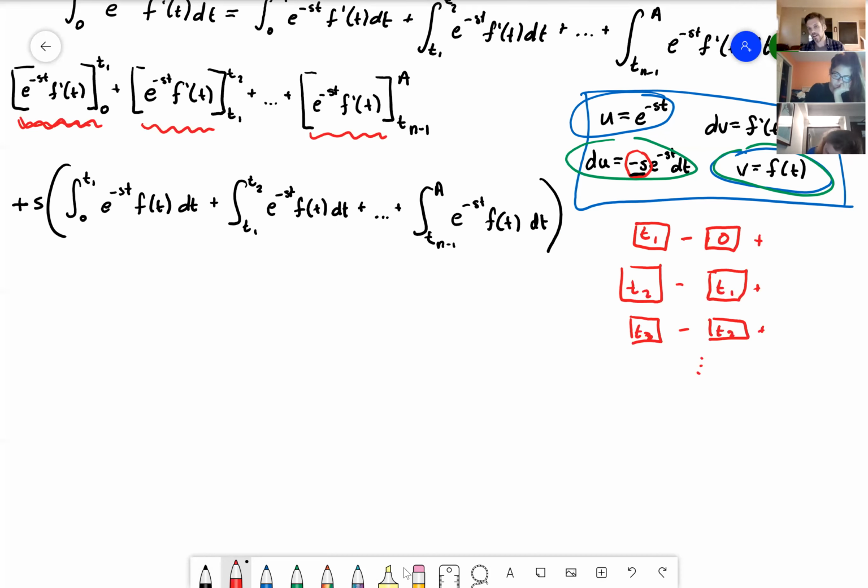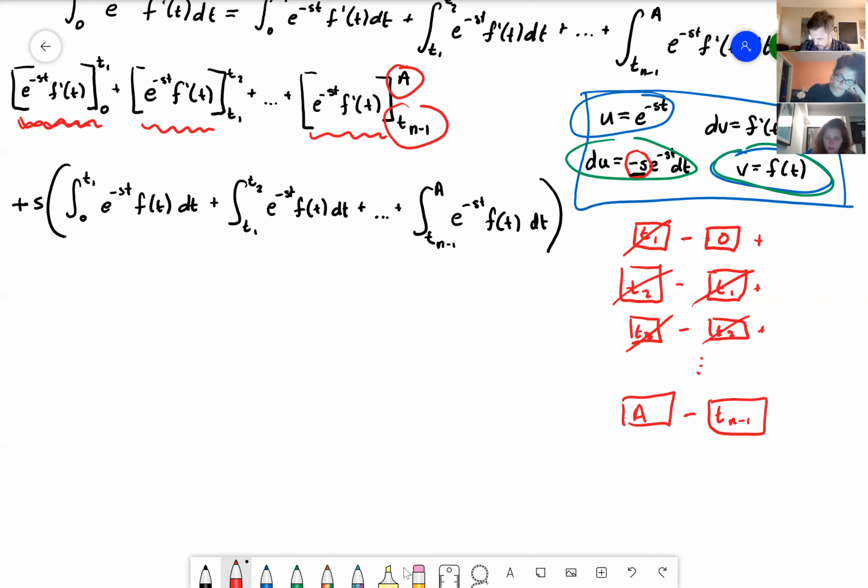You'll notice that there's a lot of cancellation that happens here. This plus t1 and minus t1 cancel out. This plus t2 and minus t2 cancel out. This plus t3 will eventually cancel out with a minus t3 that appears later, all the way until we get down to a minus tn minus 1.